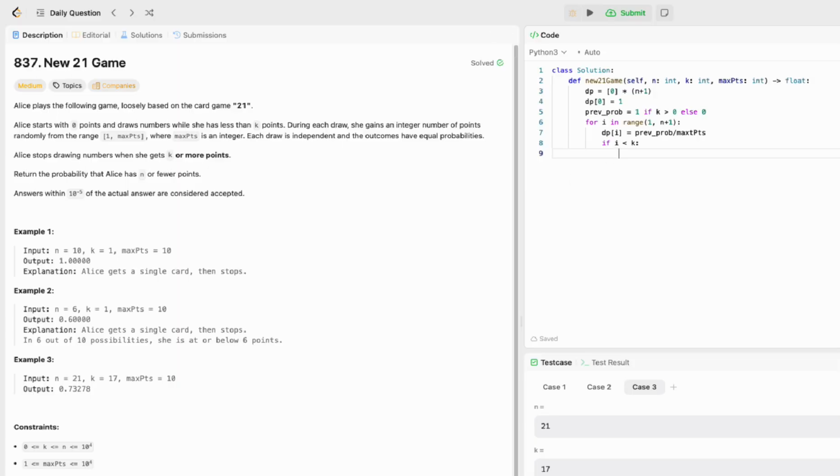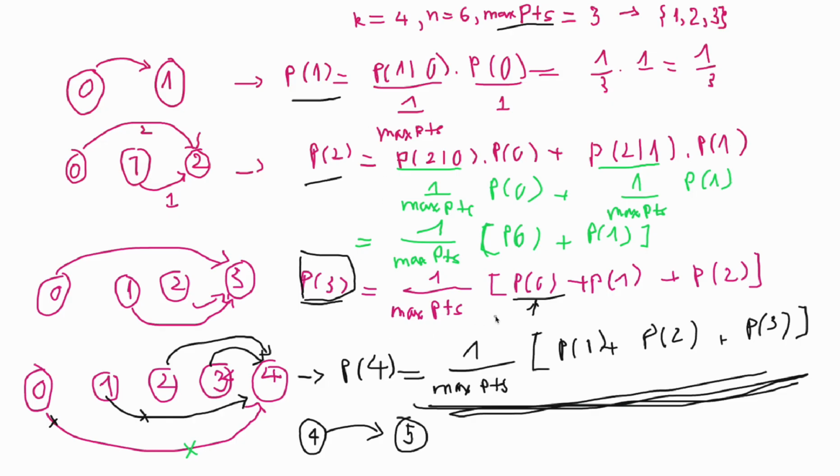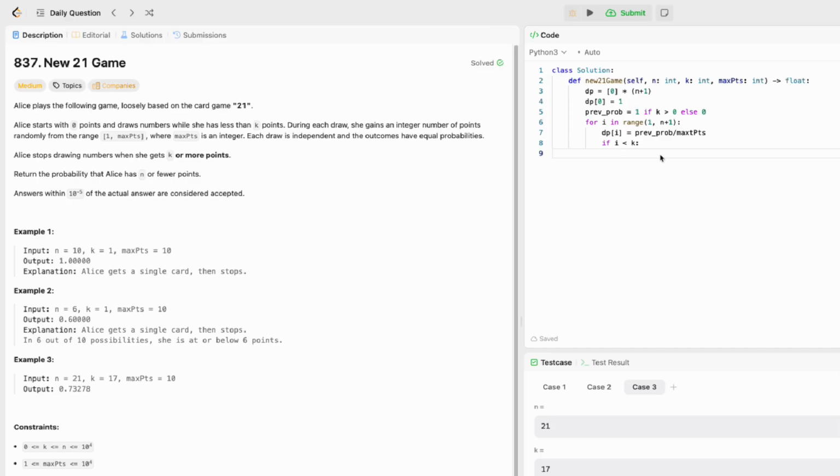So we want to construct this thing and then pass this to the next iteration, right? Yes. So here, for example, we have s plus equal to, so this one is the previous probability. We will update this, that is equal to dp of i, right?